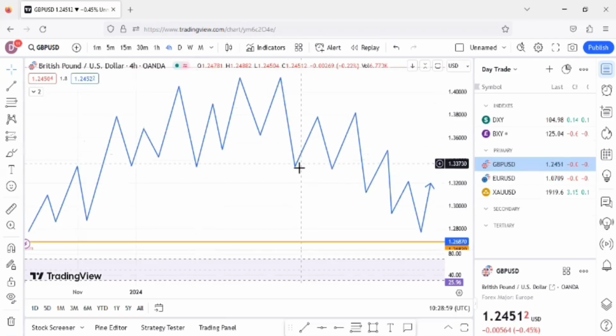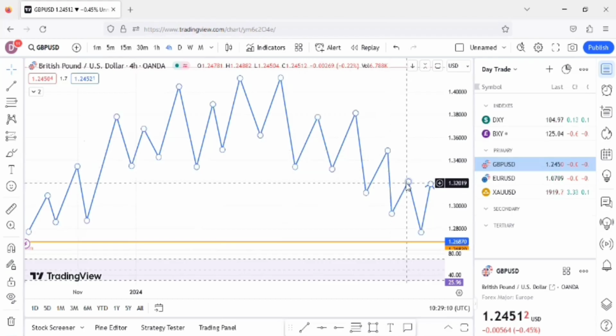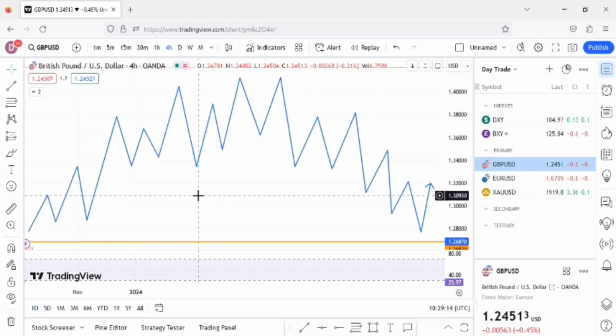Also, supply, on the other hand, here we have a supply. Here we have another supply. Here we have another supply. I'm going to explain that in details in the next couple of minutes.